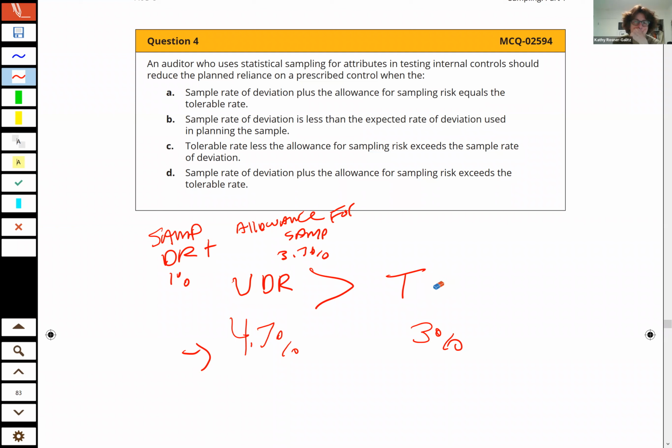So I didn't rely on the control. I reduced my reliance on the control, which is what this question is saying would happen.